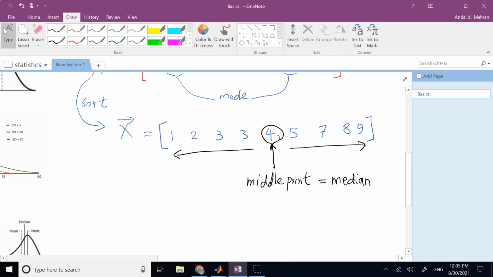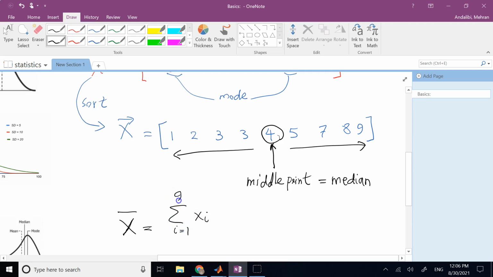And average is different. When you talk about average of vector x, which by the way you can show with the bar above x, average of x is what? You add all the data points together from 1 to n.